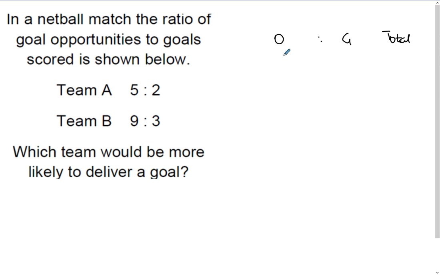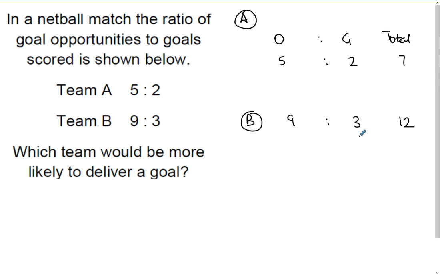You're never going to be able to say total again. It's always total. So 5 to 2, and that totals 7. So that's Team A. And Team B is 9 to 3, and that's the total 12.